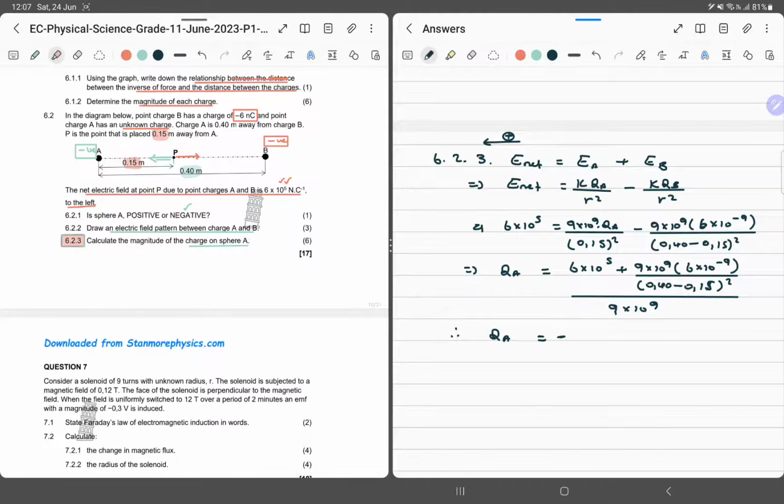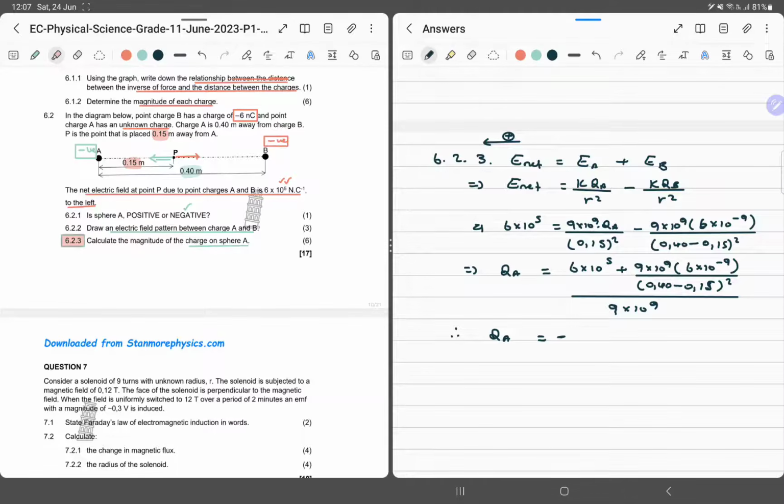Okay, let's do the calculation. 6 times 10 to the 5 plus 9 times 10 to the 9 into 6 times 10 to the minus 9, divided by 0.40 minus 0.15 squared.